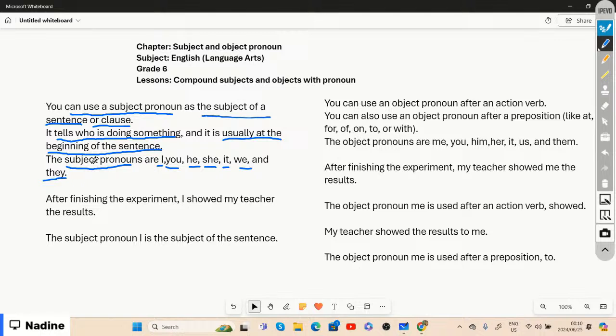And if we look at an example of a subject pronoun, subject pronouns don't necessarily have to be immediately at the beginning of a sentence.